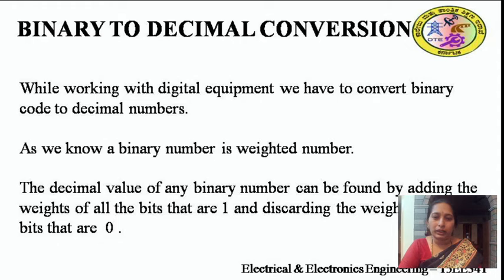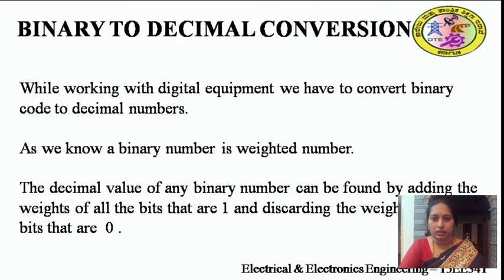This binary number is a weighted number, as you have learned in previous classes of this chapter. Weighted in the sense every digit has its own weight depending on its position. How can we find the decimal value of any binary number?